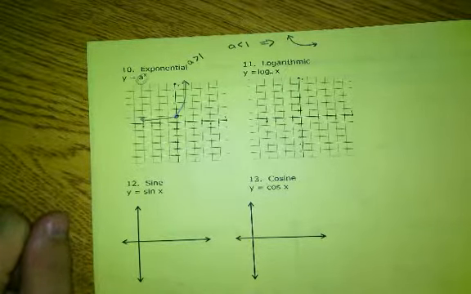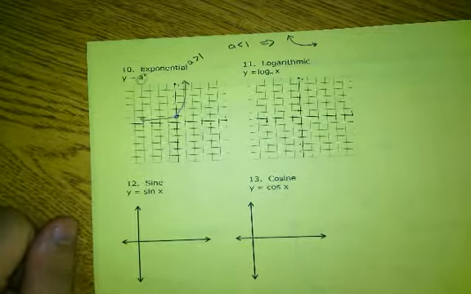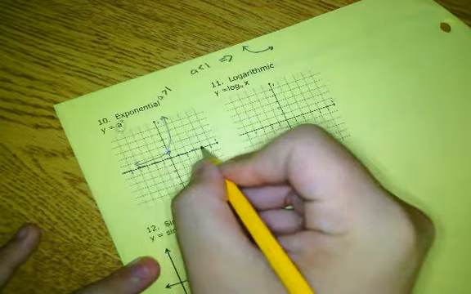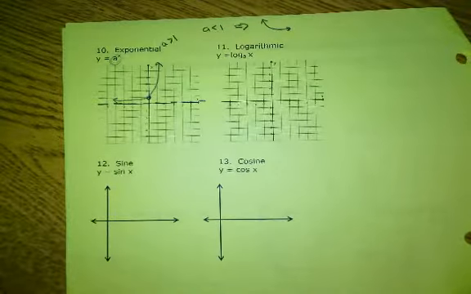There's also some special information here too. Can the y ever equal 0 on this? Is it possible? No, it's impossible. So it's going to be an asymptote. Okay? And a logarithm is just the inverse of that, which means it reflects over y equals x.